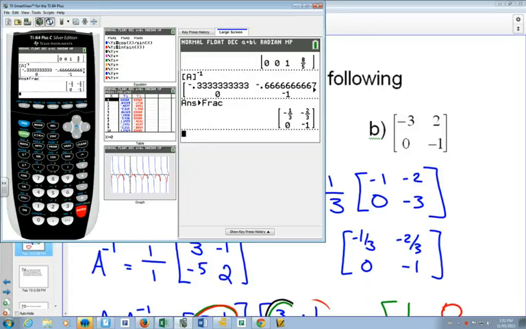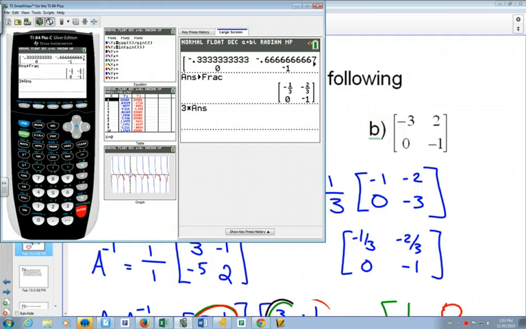Okay? If you knew that the determinant was 3, and you wanted to, say, factor that 1/3 out of there, well, factoring out a 1/3 is like dividing by 1/3, which is the same as multiplying by 3. So if I go 3 times my answer, that should give me the values that were in there before I factored it out.